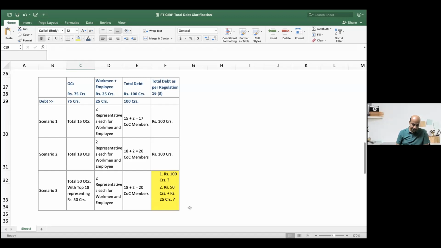Okay, another interesting thing which I came across in fast track. So now I am in the fast track CIRP regulation number 25, and this is voting by the committee. Referring to regulation 25 sub-regulation 4, it says the resolution professional shall circulate the minutes of the meeting by electronic means to all the members of the committee within 48 hours of the conclusion of the meeting.